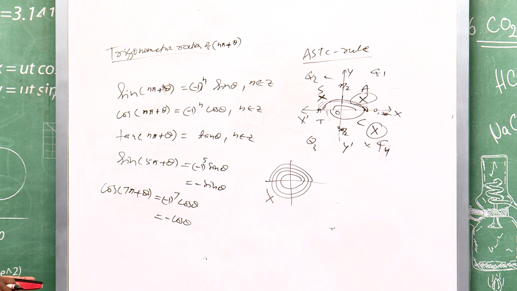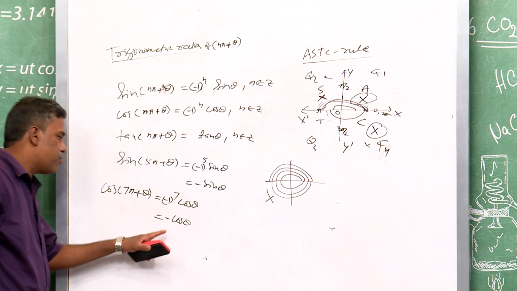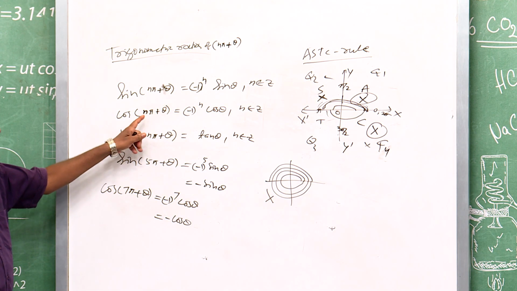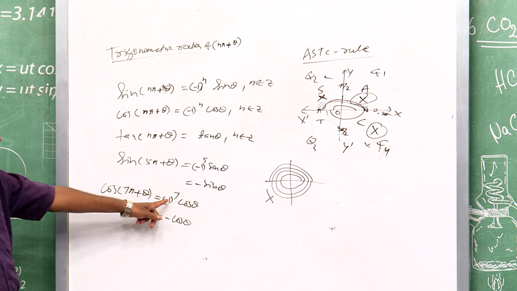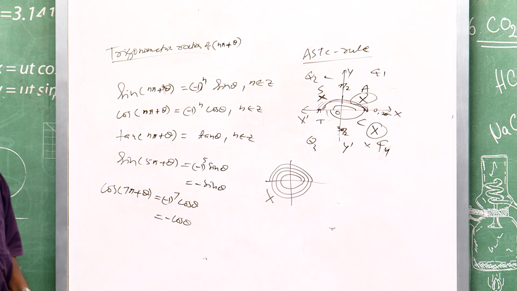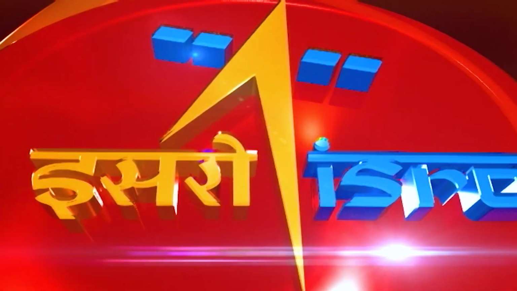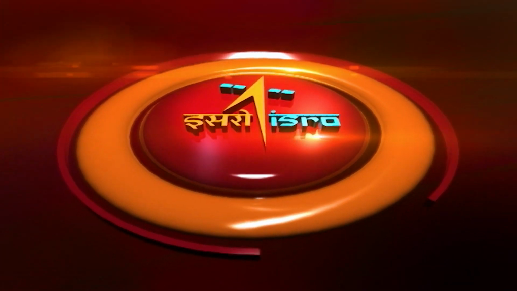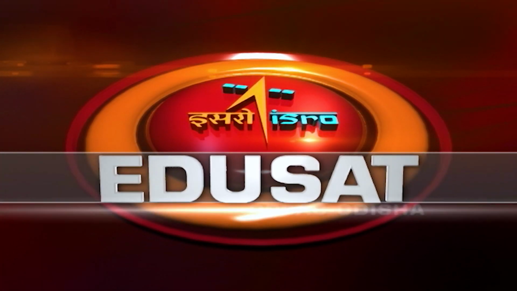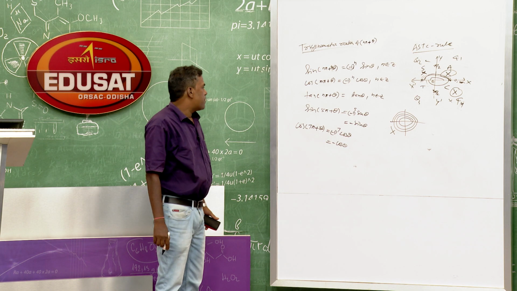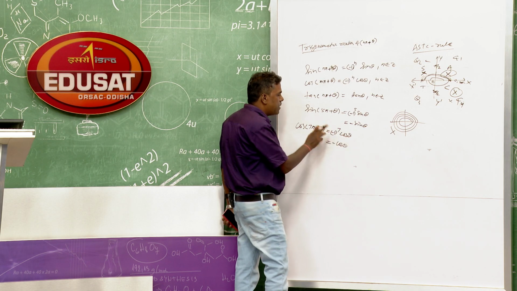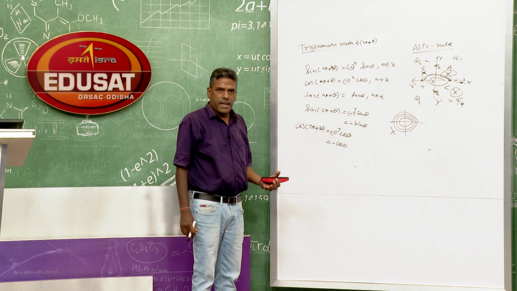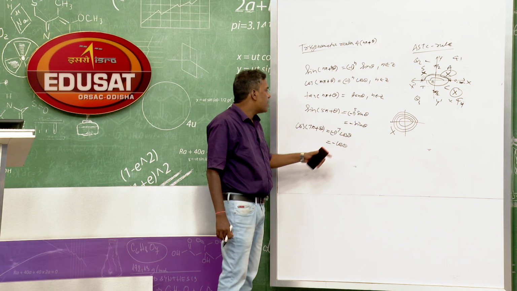Tan and cot are positive, others are negative. So, cos is negative. So, cos(7π + θ) is also equal to −cos θ, by using the formula cos(nπ + θ) is (−1)^n cos θ. So, (−1)^7 cos θ is equal to −cos θ.